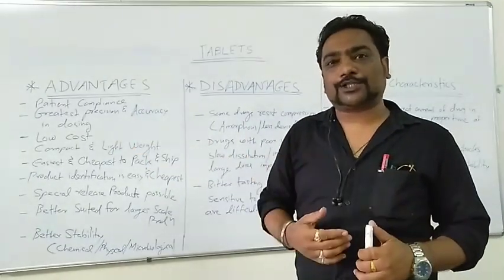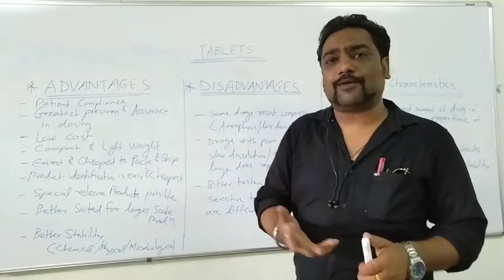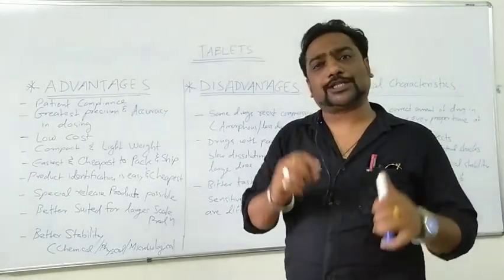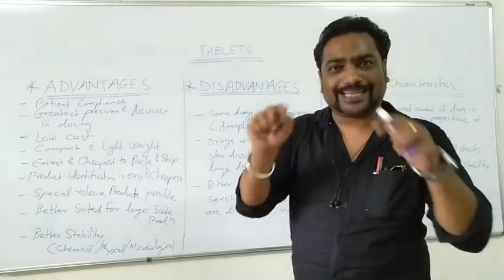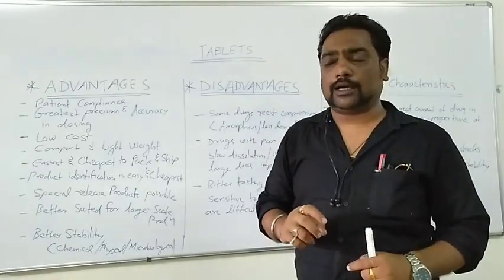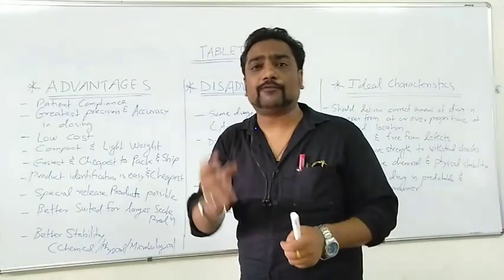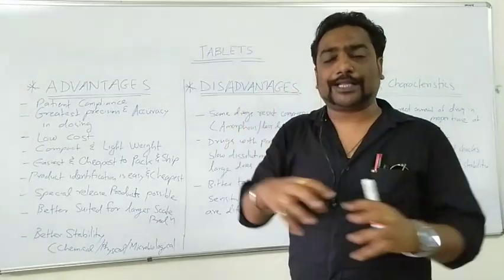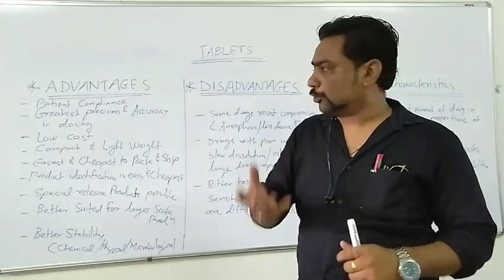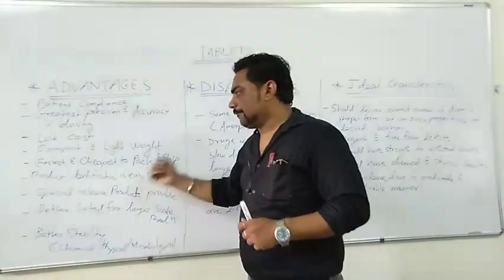So tablet manufacturing gives you extra advantages in that product identification is somewhat easier. We can emboss the tablet with some lettering, some markings. If we have a coated tablet, then we can print letters on the coating surface also. So product identification is easy.